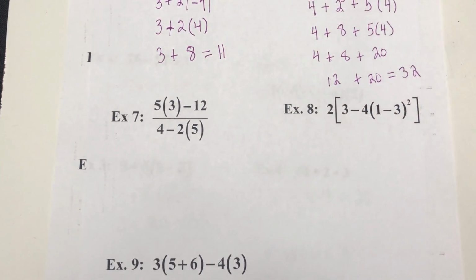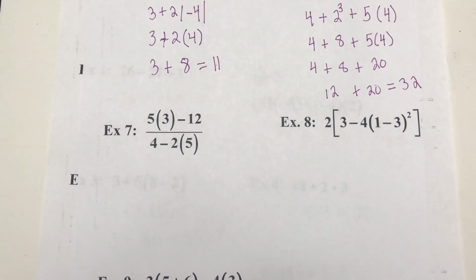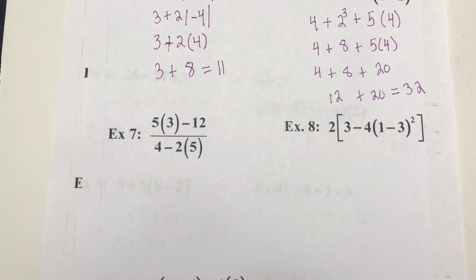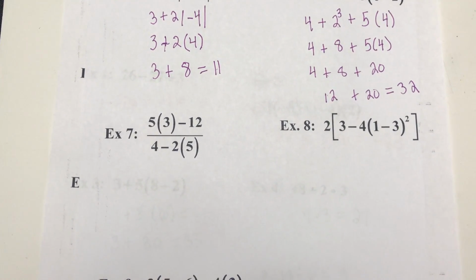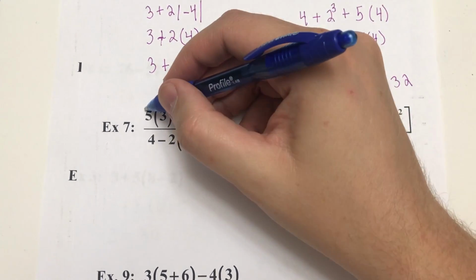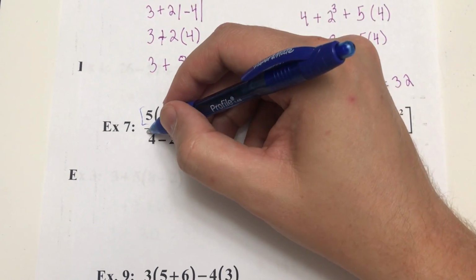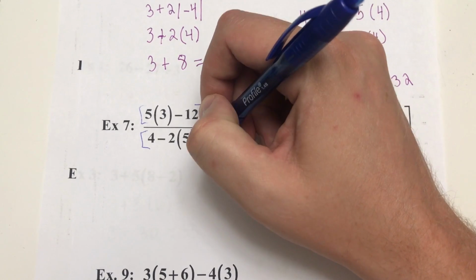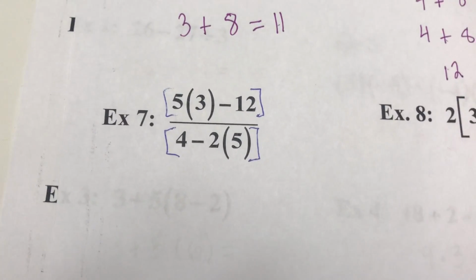There are no visible grouping symbols in this problem. However, we do have invisible grouping symbols, as mentioned on our definitions page, between the numerator and the denominator. I am drawing in those grouping symbols.